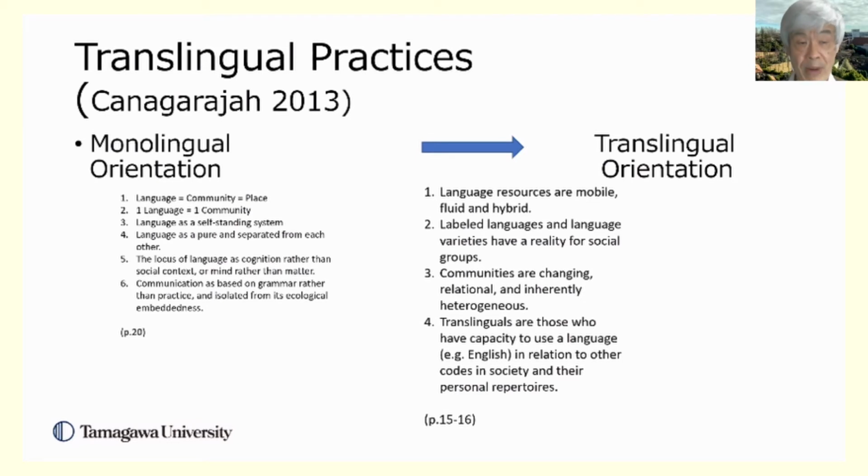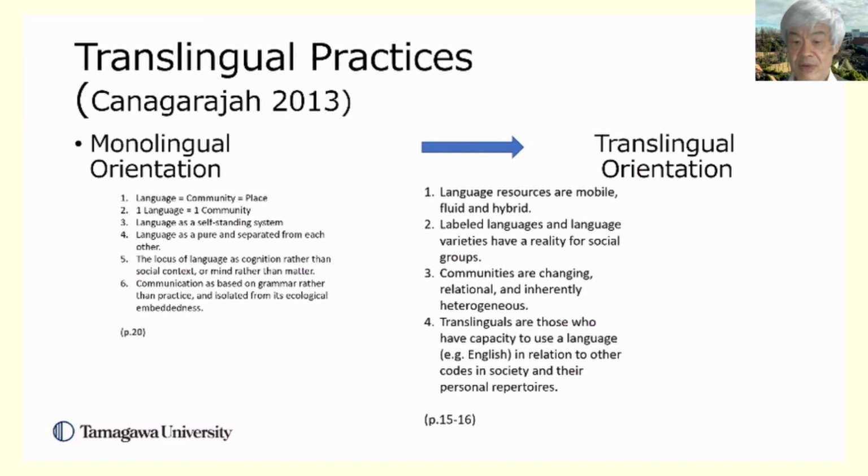Labeled languages and language varieties have a reality in social groups, yes, but they actually keep changing. Communities are changing, and so are academic disciplines, which are relational and inherently heterogeneous. Finally, translinguals are those who have the capacity to use language in relation to other codes, society, and their personal repertoires.